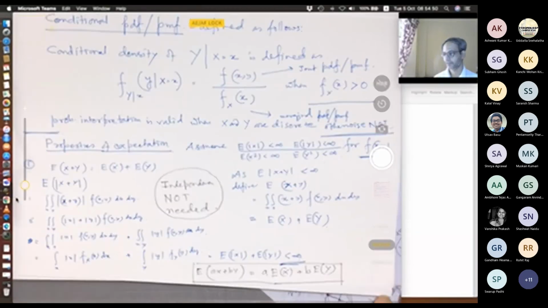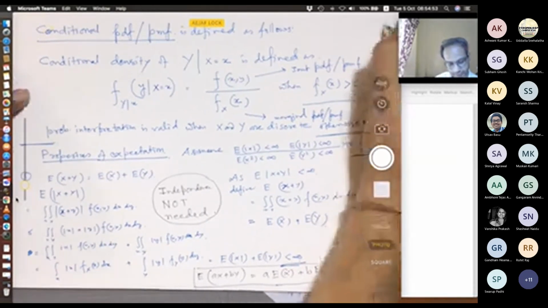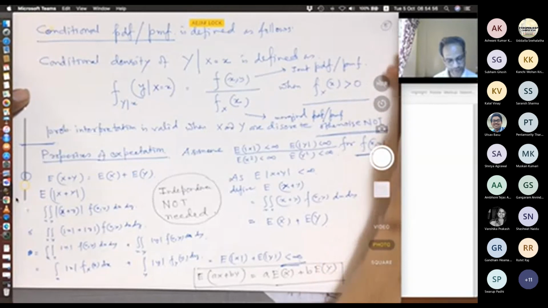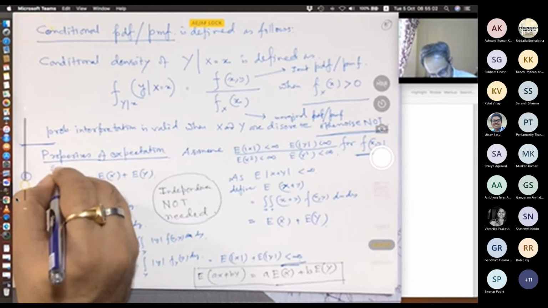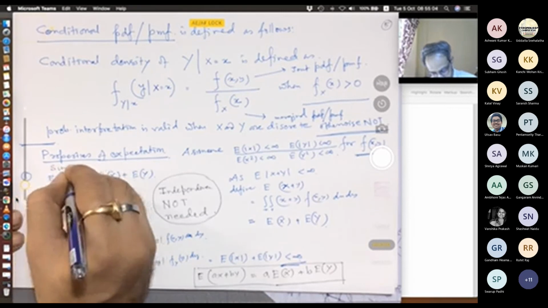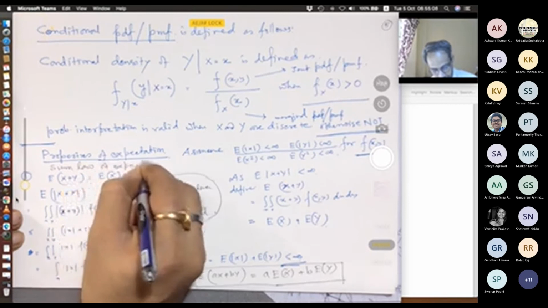It doesn't matter whether independence is there or not. You need not worry, the sum law of expectation will always hold. So this is known as the sum law of expectation.